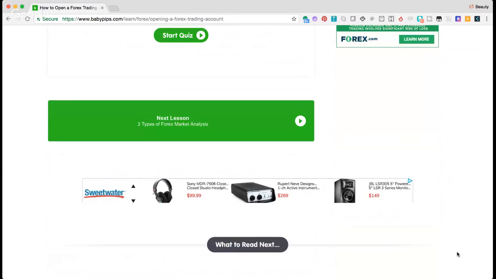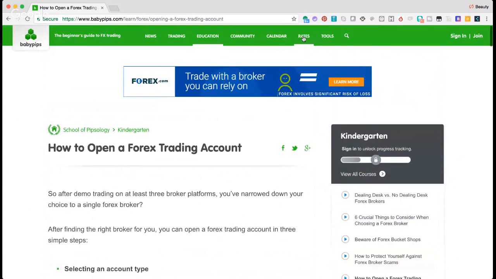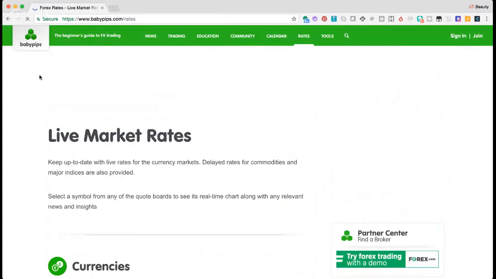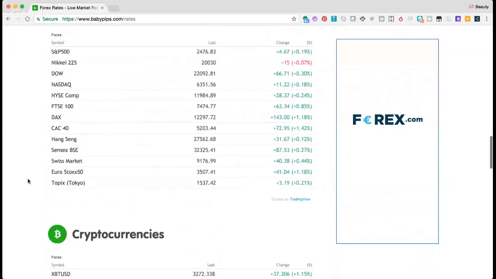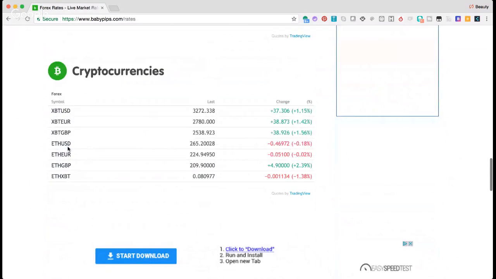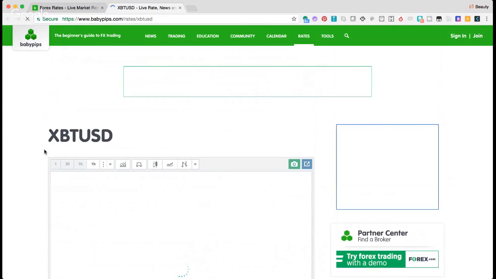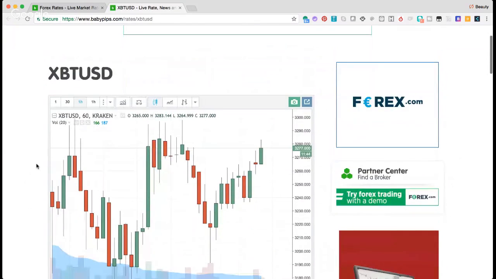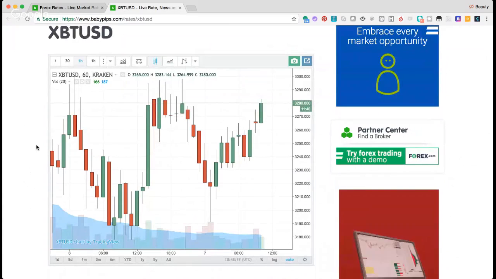Okay, excellent. All right, so let's go back. I'm going to remind everyone, you go to the Rates tab. You're going to go down, down, down, currency, commodities, indices, and there are your cryptocurrencies, all in real time in this little window here. Or you can go into the instrument itself and you will automatically be delivered a default chart in real time.